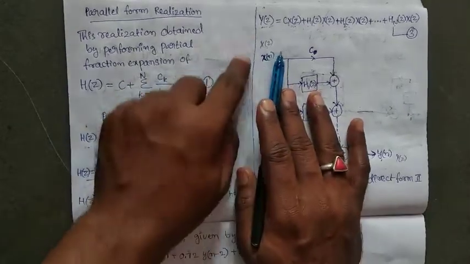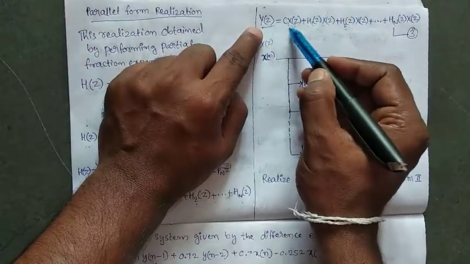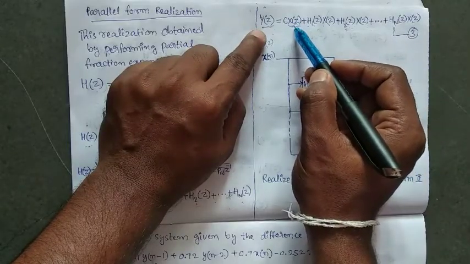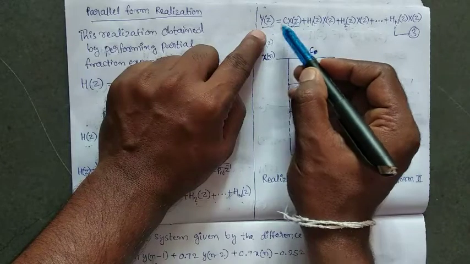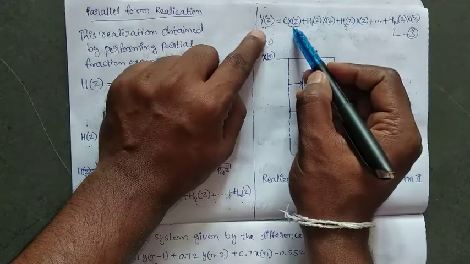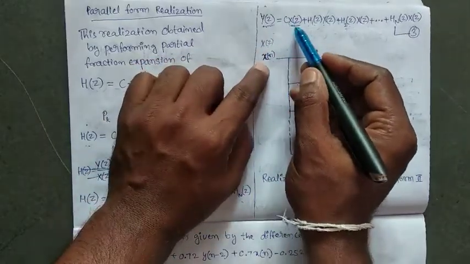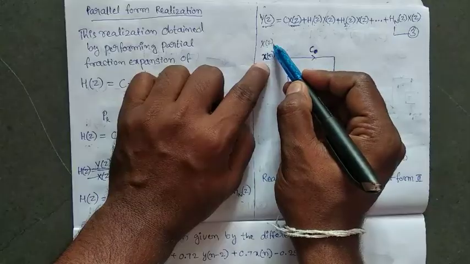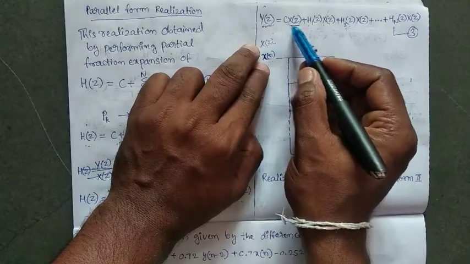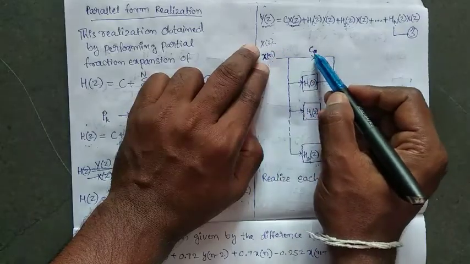Here Y(z) indicates the output and X(z) indicates the input. In the time domain, the input is x(n) and the output is y(n). The input X(z) is multiplied with C to obtain C into X(z).